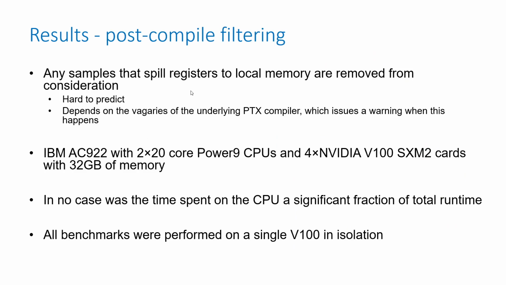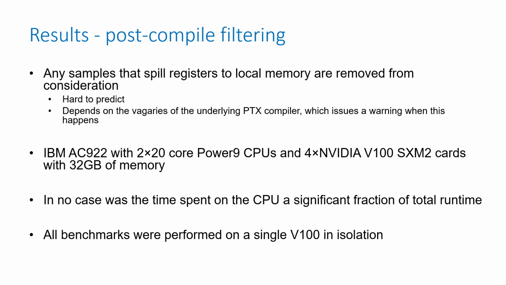So they had to do some post-compilation filtering. They filter out the cases where there was a spill of registers. They mentioned that this is hard to predict, and as a future work, the cost model should be able to somehow anticipate this to avoid this post-filtering of sample of test data.